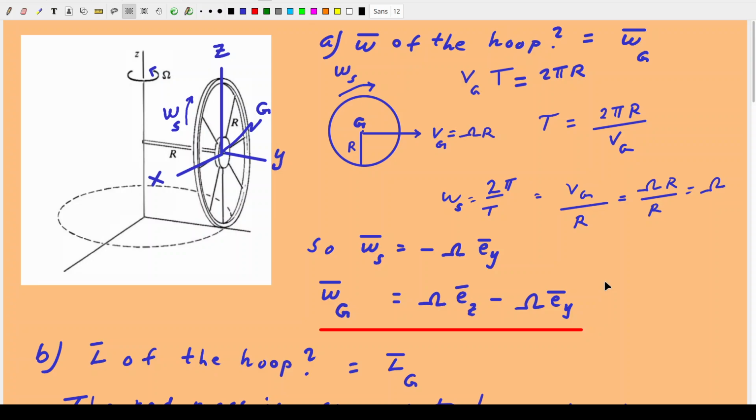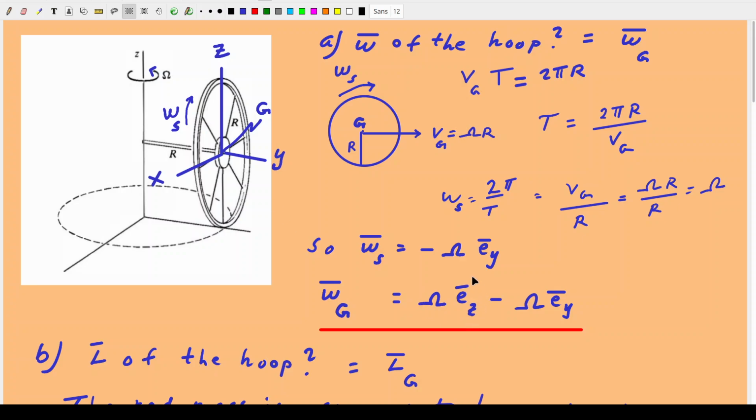So then we would like to find out the vector. If you take the right-hand screw rule and think about the rotation about the z-axis here, then it will have the positive upward direction.